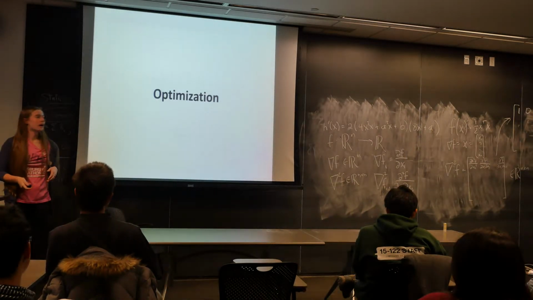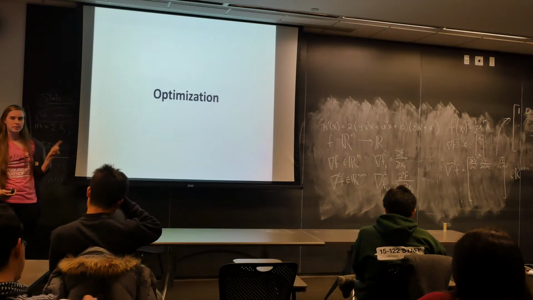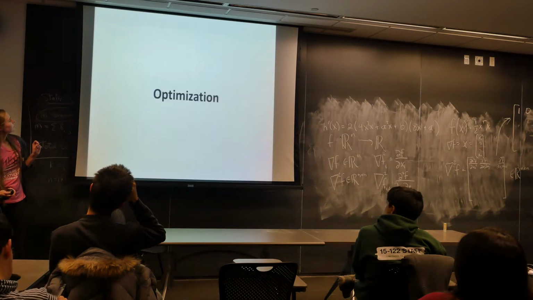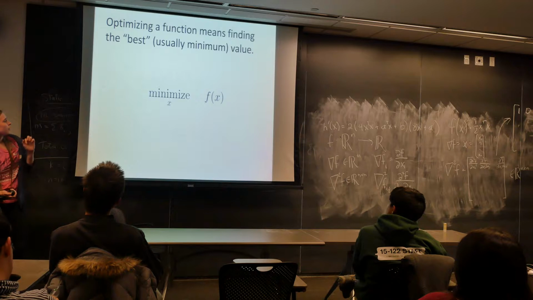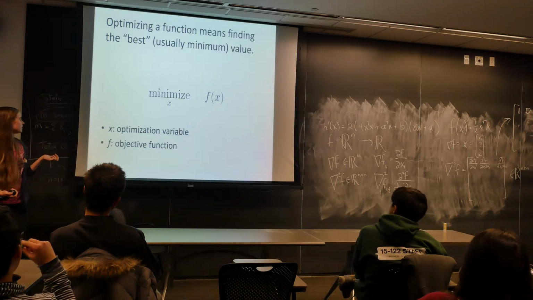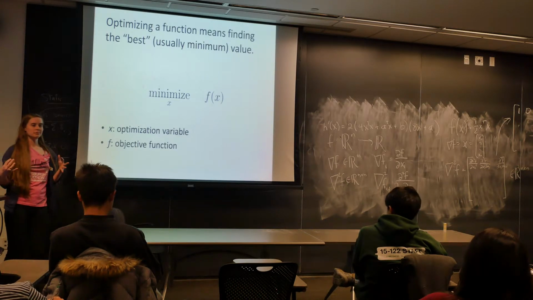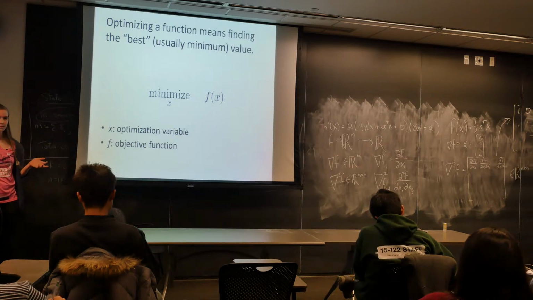So now the last thing that we're going to talk about is one particular optimization technique. Just an introduction to optimization first. In optimization, you have some function, call it your objective function, and you want to find the optimum value, usually the minimum, but it can also be the maximum.